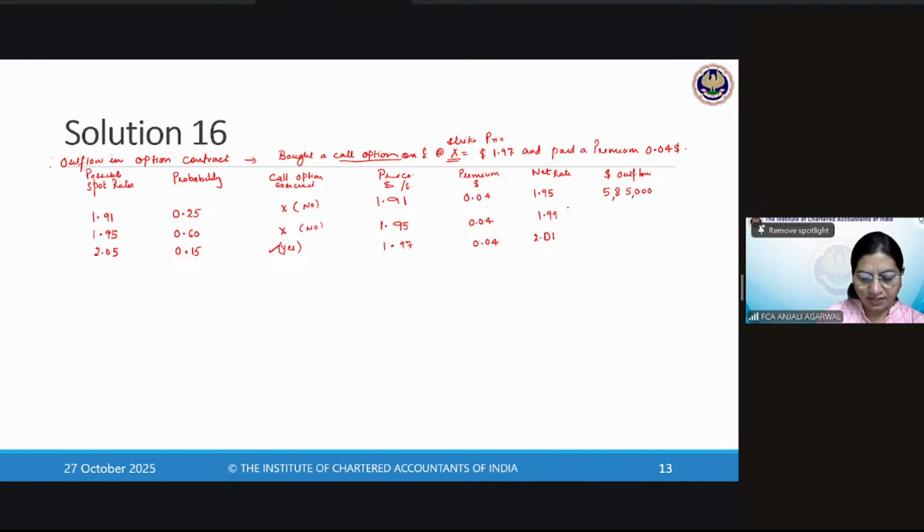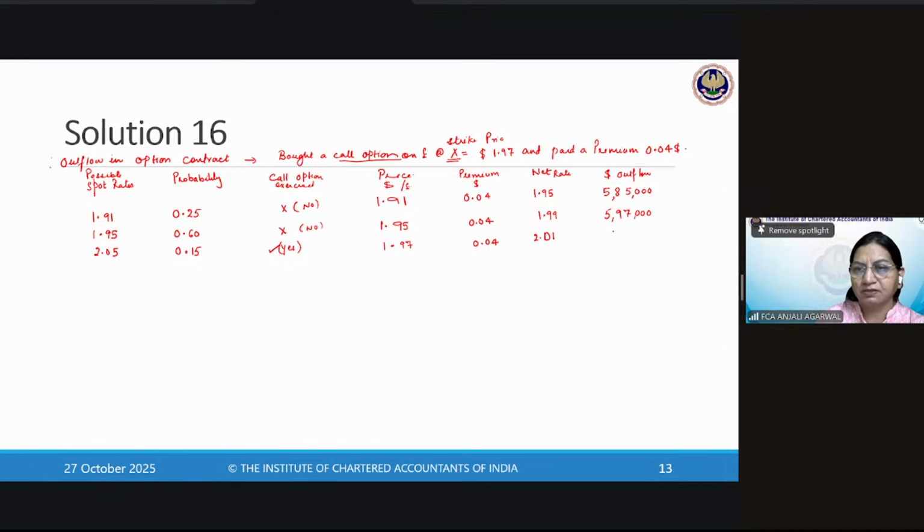In the second scenario, the outflow would be 1.99 into 300,000, which is 5,97,000. And if the exchange rate applicable turns out to be net 2.01 because the call option is exercised, then 2.01 into 3 lakhs, which we have already calculated also.